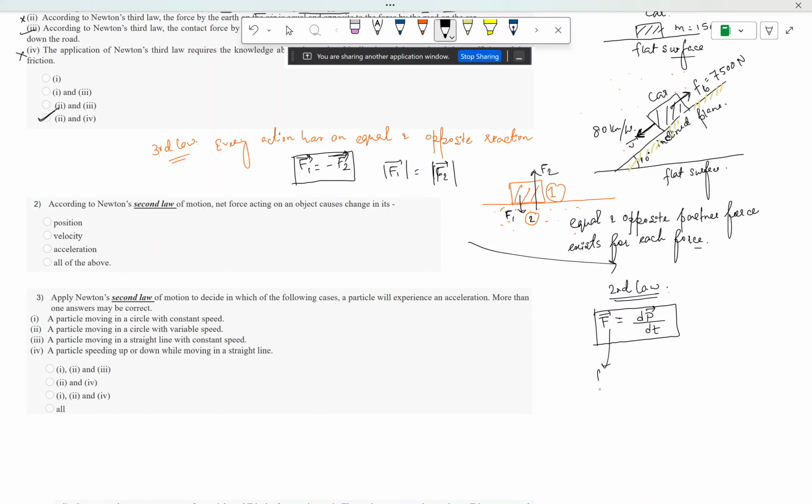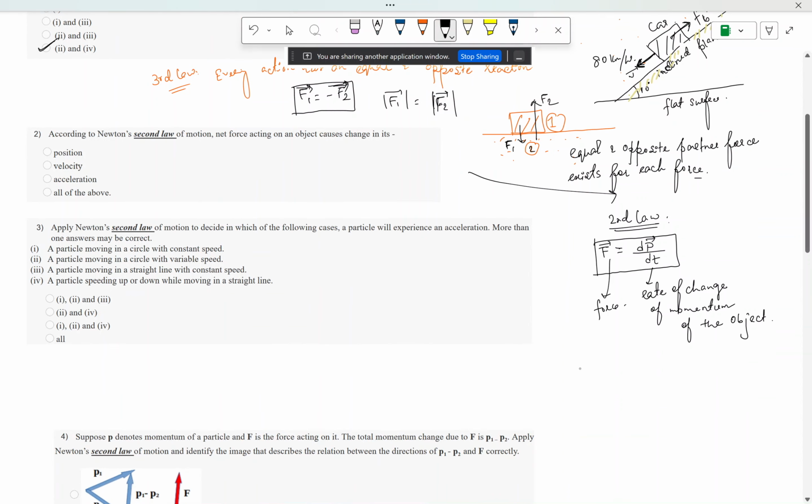So this is your force, and this is the rate of change of momentum of the object. In other terms, what is momentum?